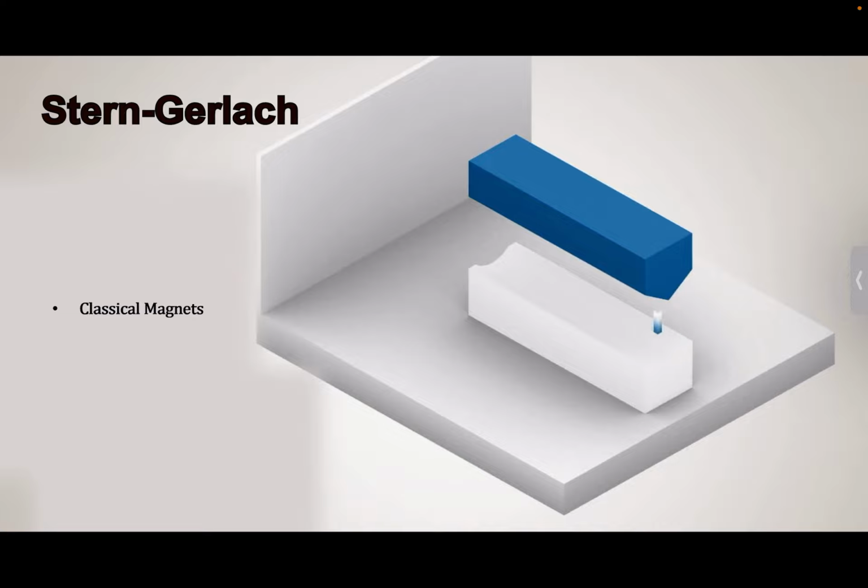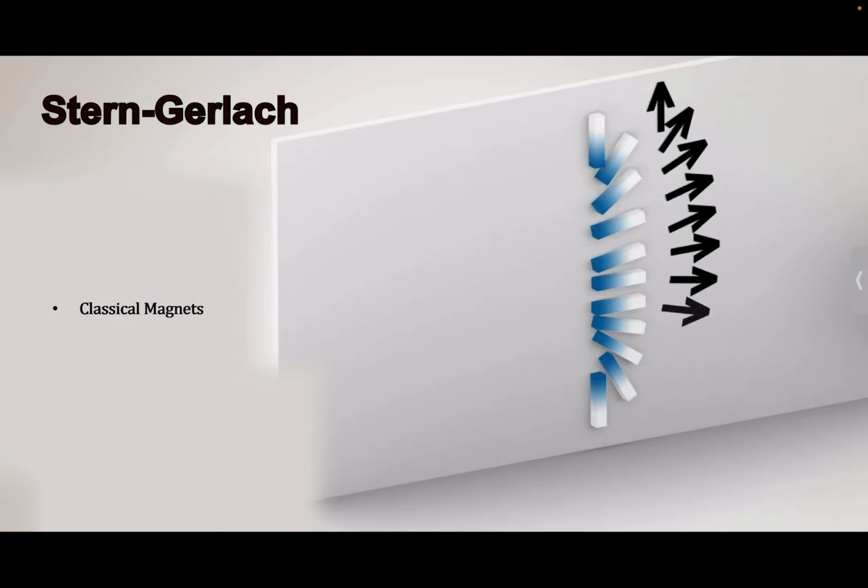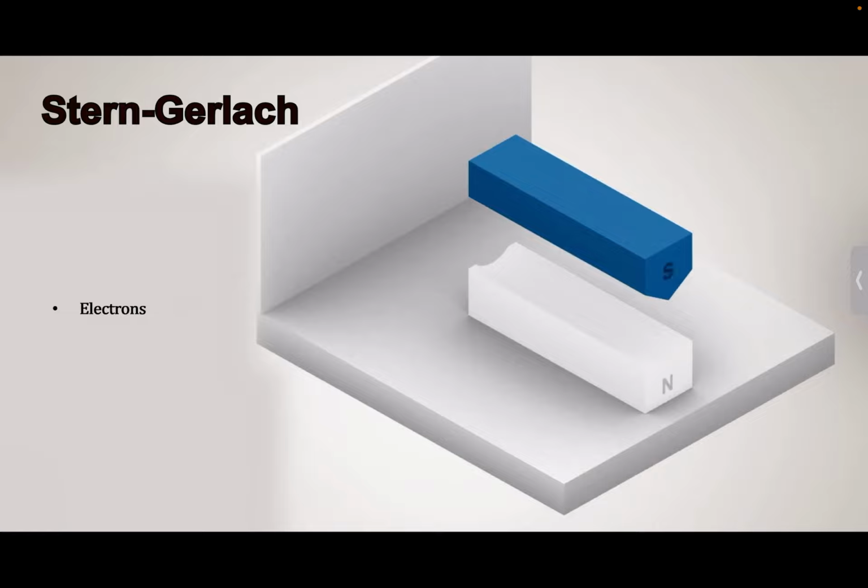A magnet is sent through with the north pole up and the south pole down. The magnetic field creates a force that deflects the magnet upward as it passes through the field. As we change the orientation of the magnets being sent through, we see the change in the amount and direction of the deflections. The deflections depend on the orientation. This is as expected.